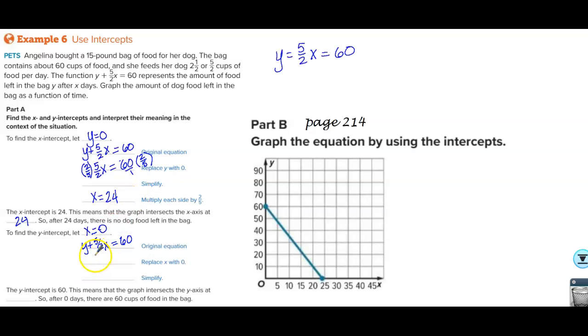Okay. And then if x is 0, this is gone here. So now we just have y equals 60. So the y-intercept is 60 because that's how many cups of dog food she started with. And here the x-intercept is 24, which is how many days it will take her to exhaust the bag.